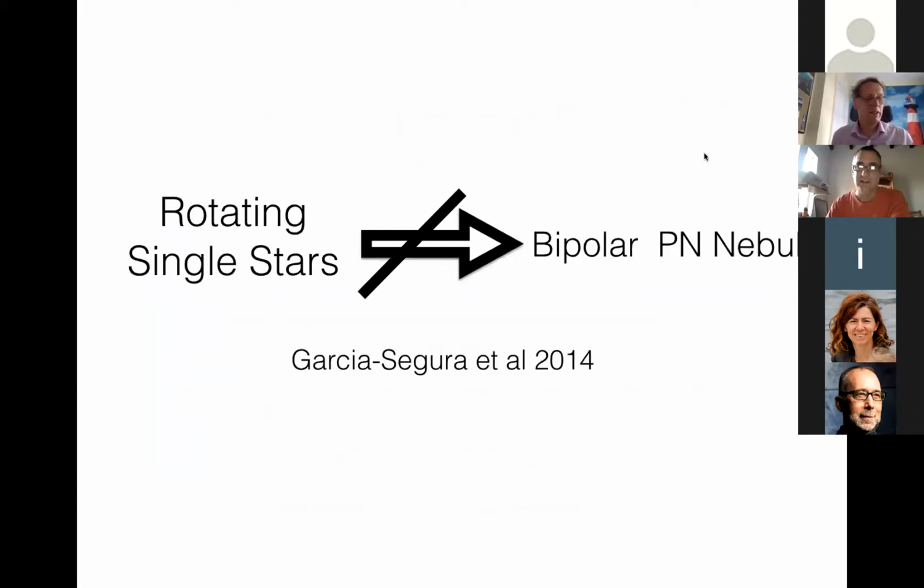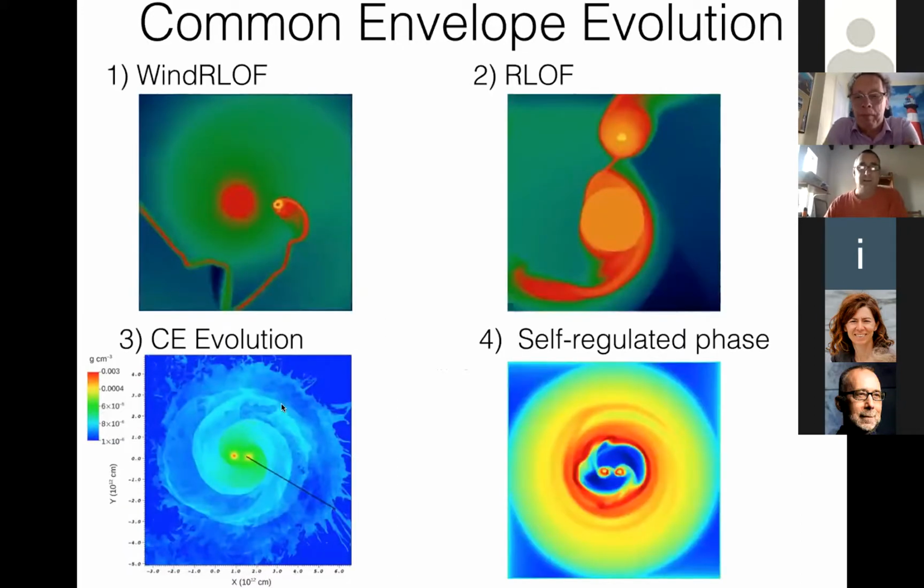We agree more or less right now that a rotating single star cannot form bipolar planetary nebulae. So the way we are working now is trying to redistribute all the gas to the equator by common envelope evolution.